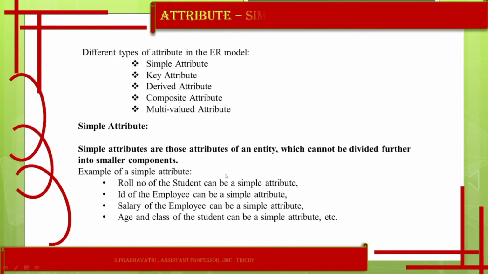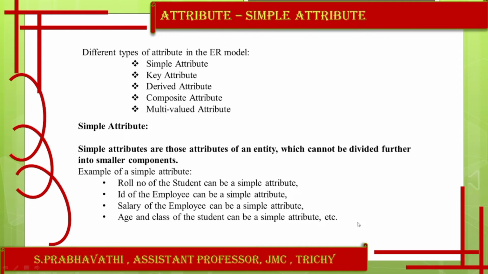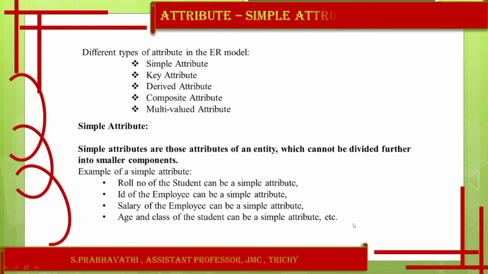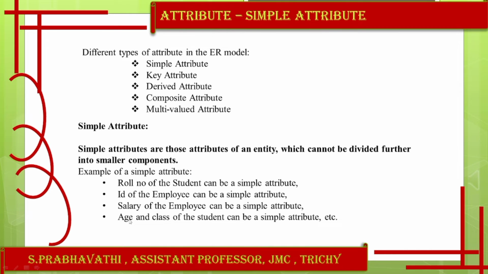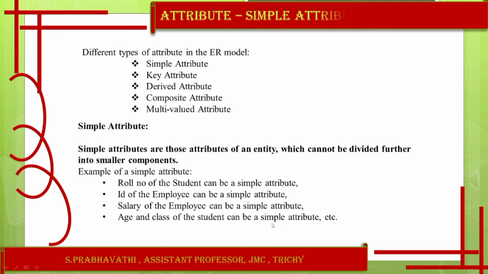Simple attributes are those attributes of an entity which cannot be divided further into smaller components. For example, roll number of the student, ID of the employee, salary of the employee, and age and class of the students can be simple attributes.